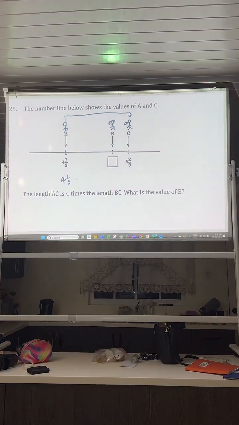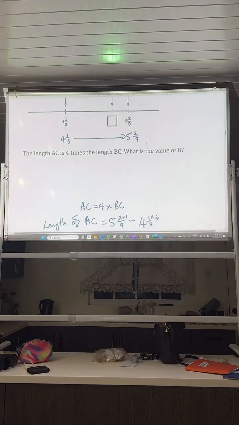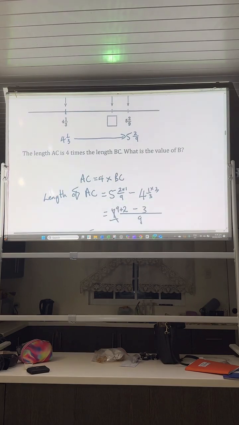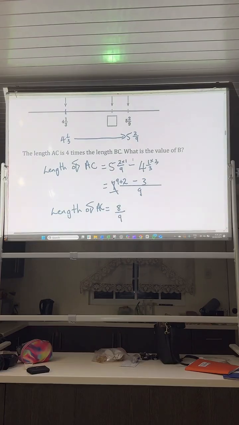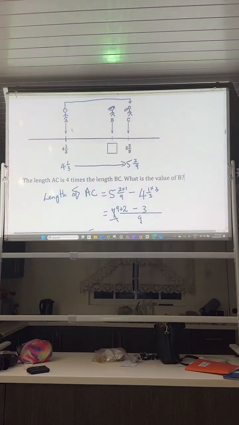And we need to know what distance he has to travel to reach this 5 2/9. Think of it like a number line, right? So that was where I started. Forget this for a while. I started by trying to figure out the distance between Adam and Caleb, okay?